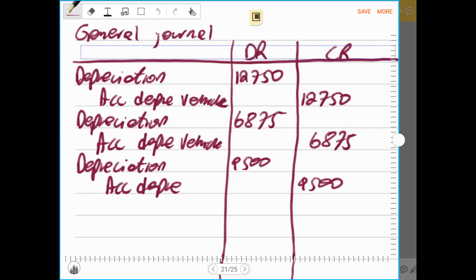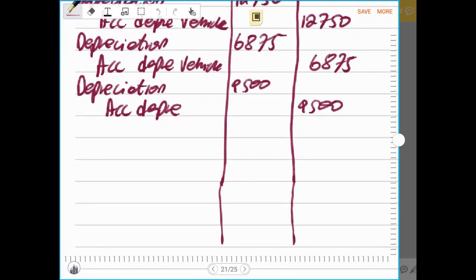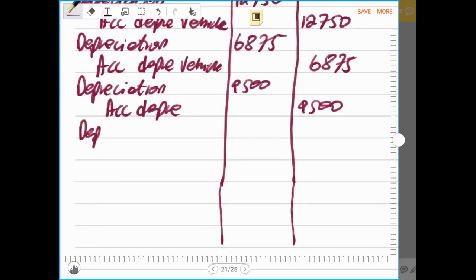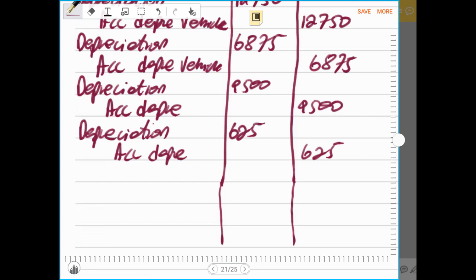So now just separate the two, record 9,500 separately and record depreciation as 625 rands, and the contra entry will be accumulated depreciation. So now I have accounted for both depreciations for all the equipments, the one that was sold and the one that was bought during the year, the one that is still in the business.